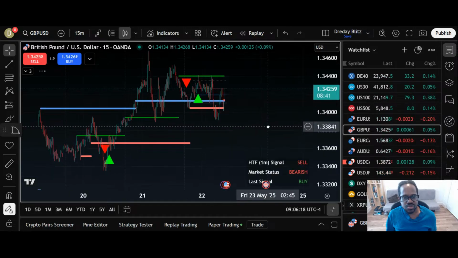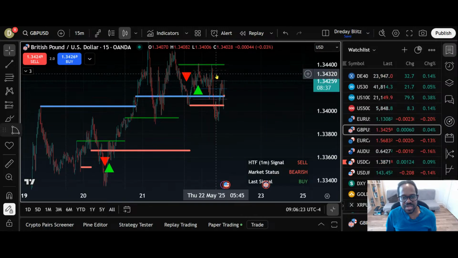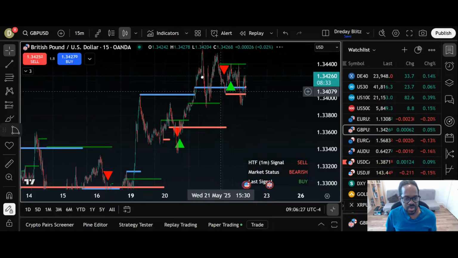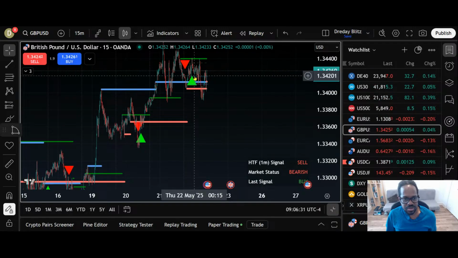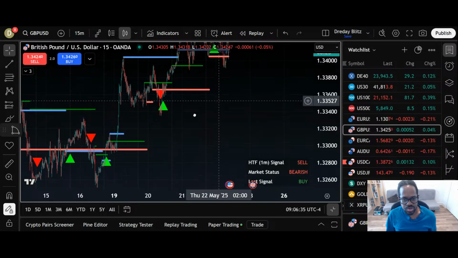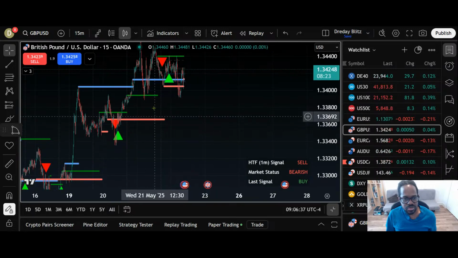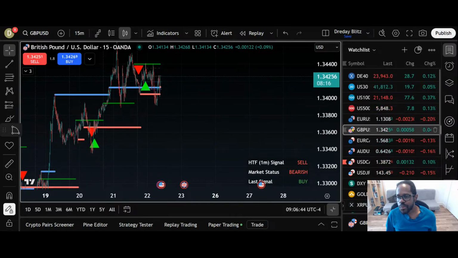Now GBPUSD, same thing. Got some consolidation, now starting to trade down right now. We do have a big fair value gap at the bottom here, so it could be doing a head and shoulders eventually, and start to go short. The next one to be hit will be this one right here for a sell.